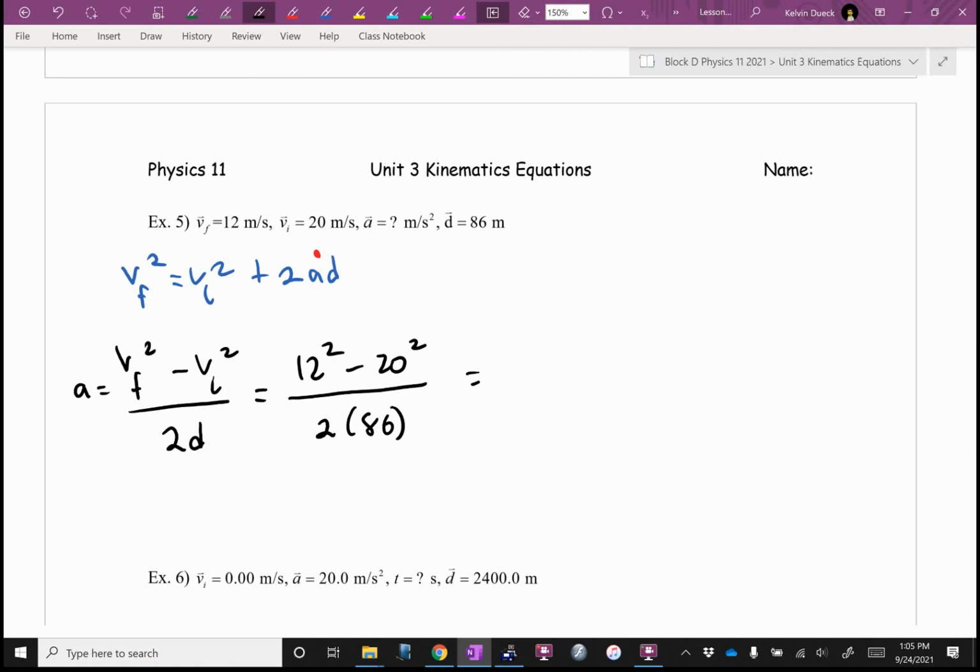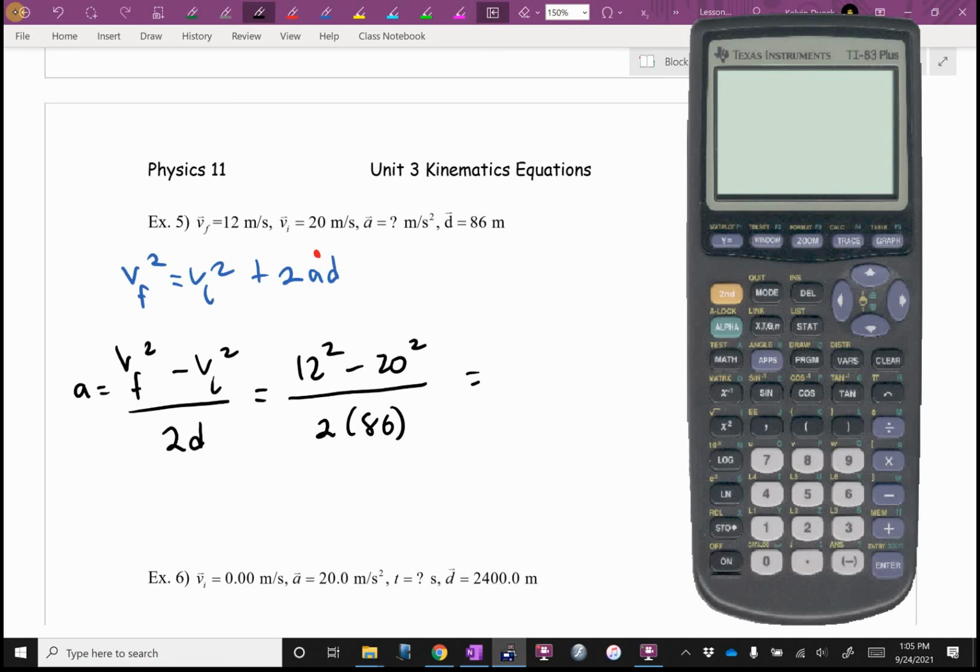The fact that my calculator gave me a negative answer didn't freak me out. It relaxed me because it said, I probably did this right. I don't think I could have fluked into that. So it's going to be 12 squared minus 20 squared, close off the top, divided by 2 times 86. Did you all get negative 1.49, if I go to 3 sig figs?